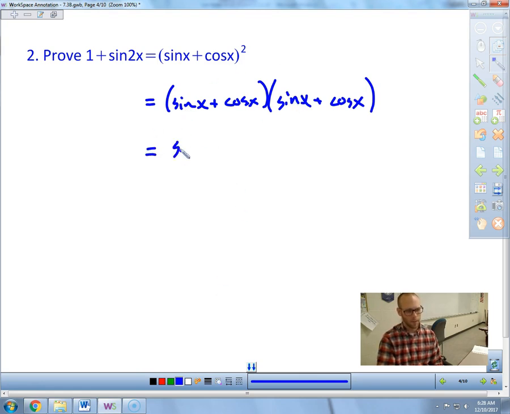I get a sine of x squared. Outside, sine of x, cosine of x. Inside, cosine of x, sine of x. That's the same thing. That's really 2 sine of x cosine of x, plus cosine of x times cosine of x. We have a cosine of x squared.